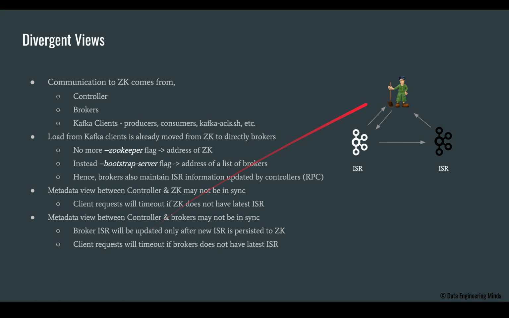So we saw that using the Zookeeper can lead to more and more divergence of the metadata view between the controller and the Zookeeper, as well as between the controller and the brokers. And more divergence means more client request timeouts, whenever the clients try to communicate to the Kafka cluster.